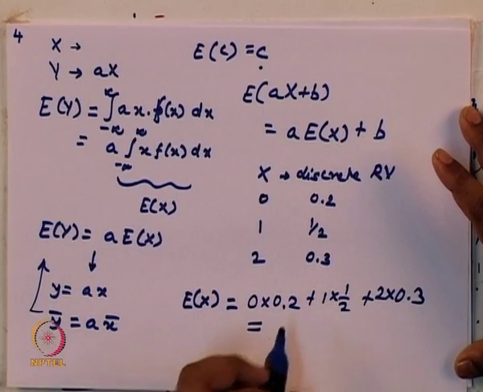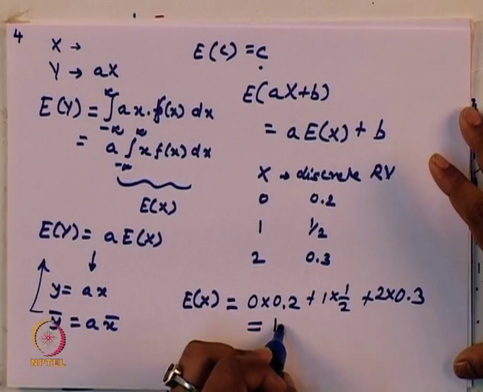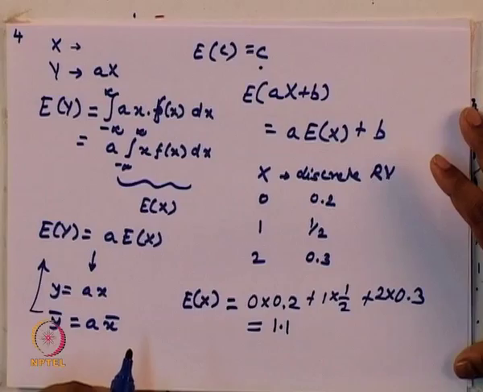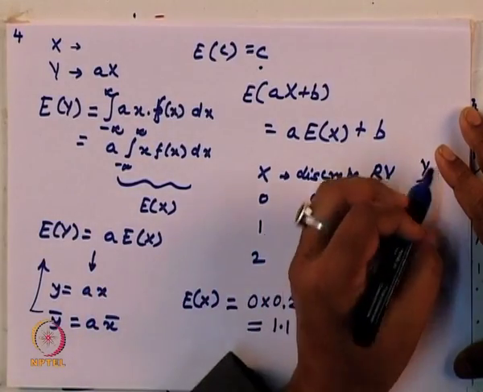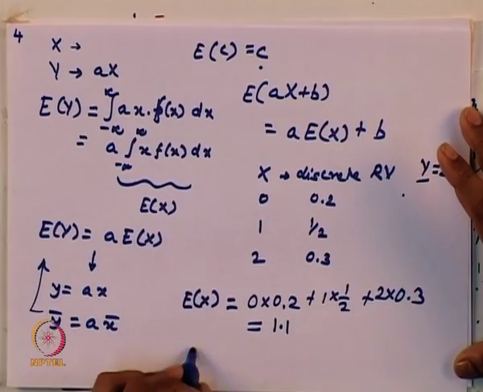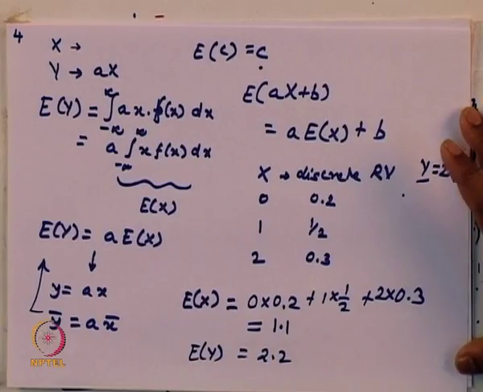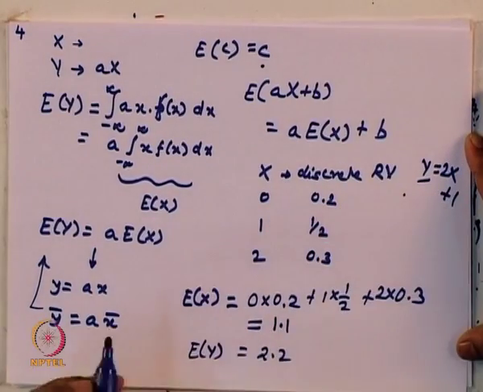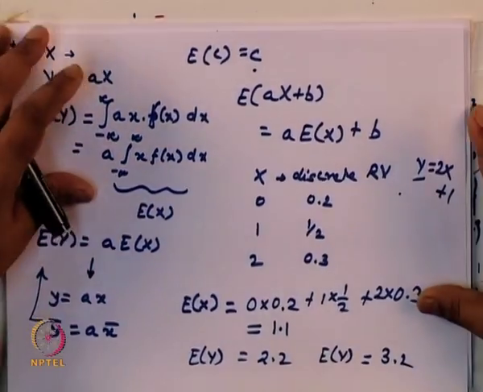On an average I have 0.6 plus 0.5, which is 1.1. If I define y equal to 2x, then E of y is simply going to be 2.2. If I define y as 2x plus 1, then E of y is going to be 3.2, and so on and so forth.